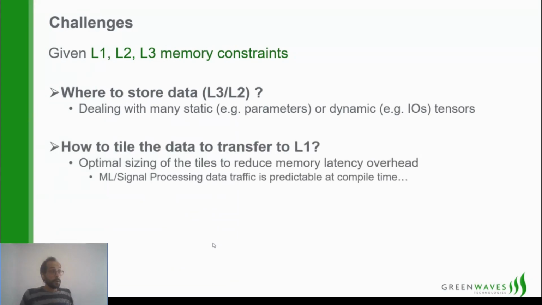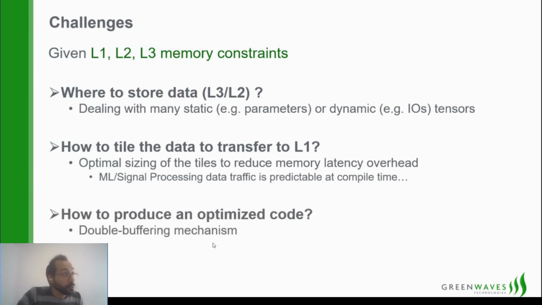We need to tile the data, so to work on tiling to actually reduce the overhead and hide the overhead, so that while we transfer data in L1, part of the data can be already processed by the cores.